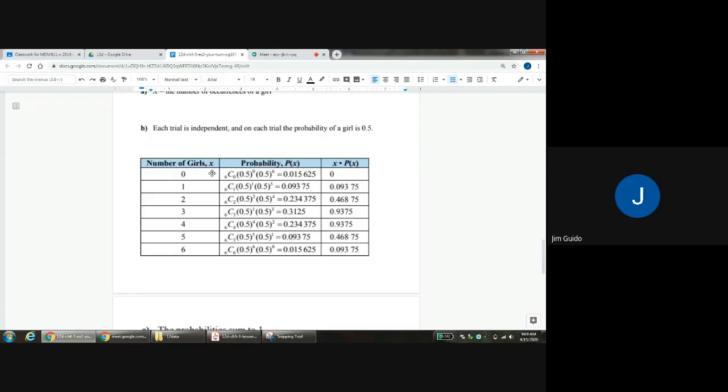And if we consider the first case, 0 girls, the calculation becomes the combination of 6 choose 0 times the probability of success to the exponent 0 times the probability of failure to the exponent 6. Let's consider 1 girl being born.